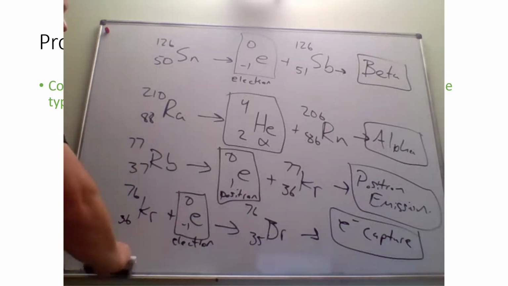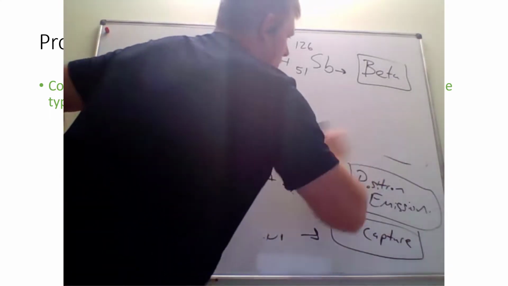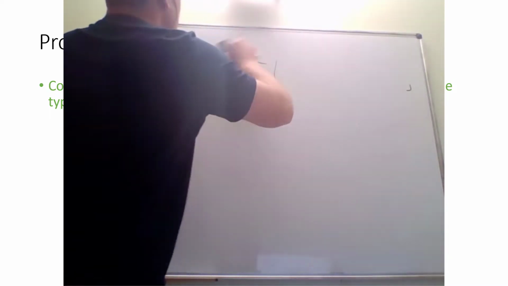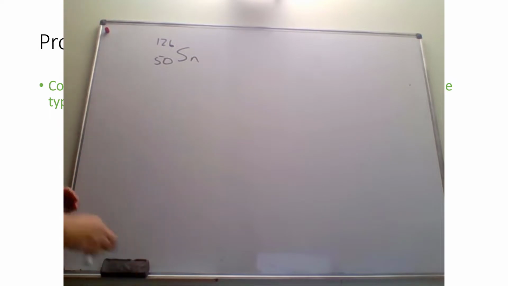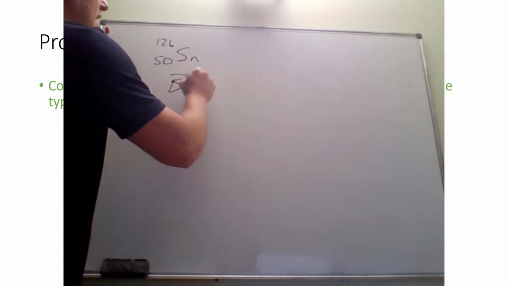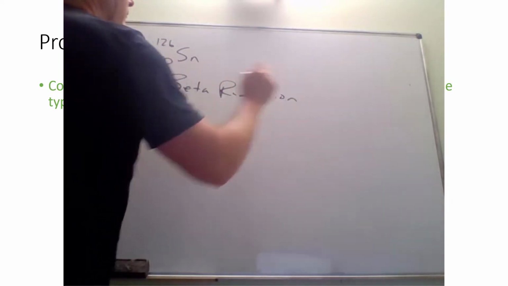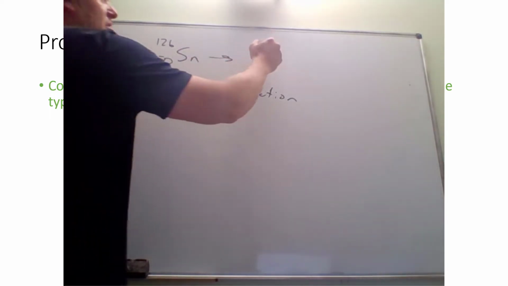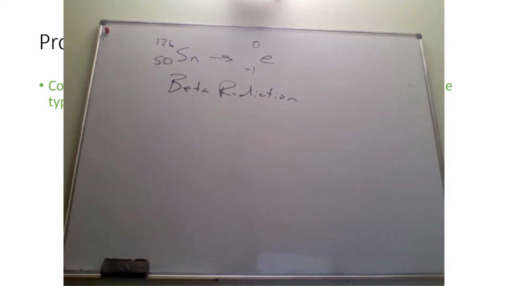So for example, we'll use the same examples here. If you were given this tin-126 and you said that this underwent beta radiation, you should understand that beta radiation means that there's going to be an electron as one of the products.